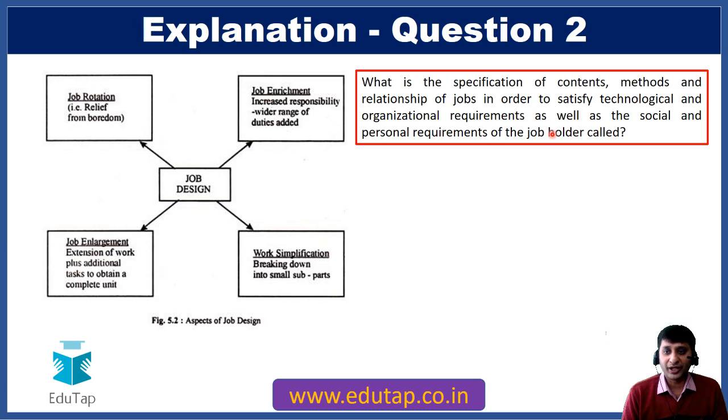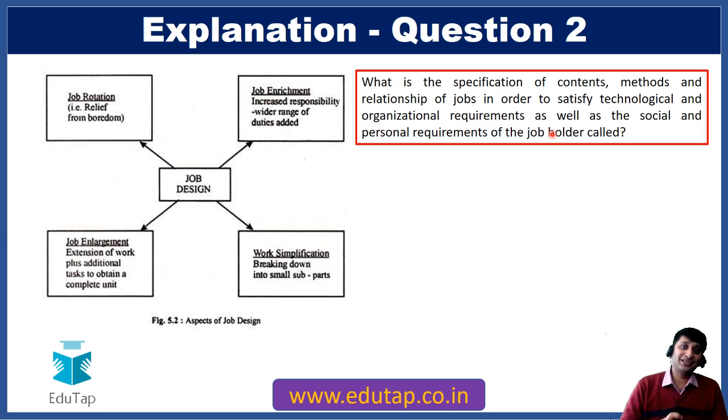Right, now what is job design? Job design is basically a thing in which you design a job to find out what are the equipments required to do that job, in what steps that job has to be performed, or what should be the right sequence of steps to perform that job, what should be the technological advancements that is required to do that job.